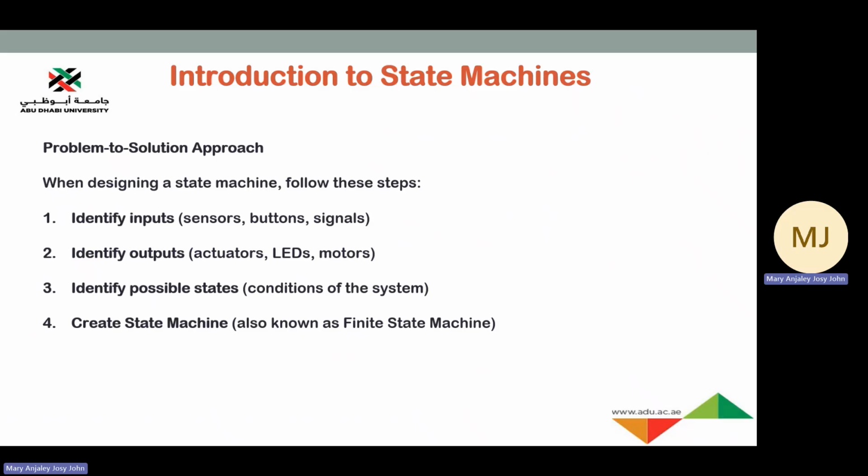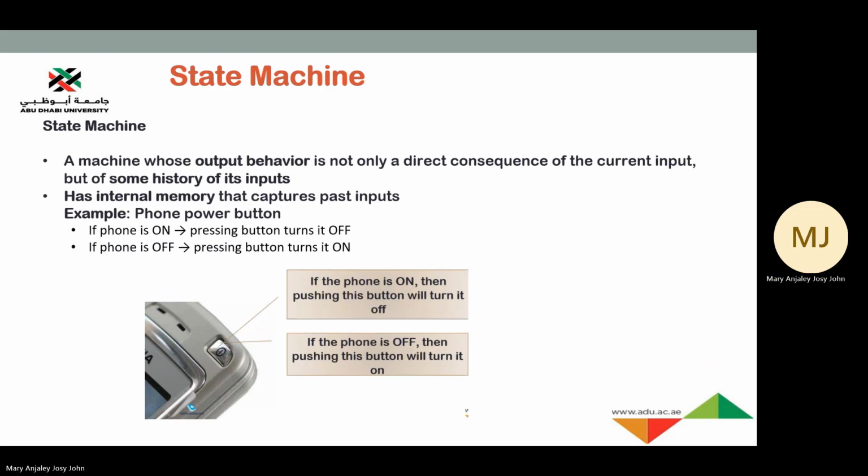If we press this, this will happen. If we press both of them together, something else will happen. So that is the third step. We should know what the different states or conditions of the system are. And finally, we can develop a big diagram to show, okay, from this, it would go here. From left, it would go right. So that's how we come to the solution using state machines or diagrams.